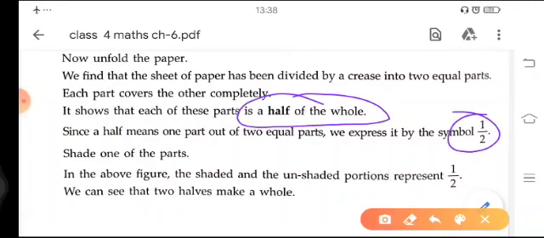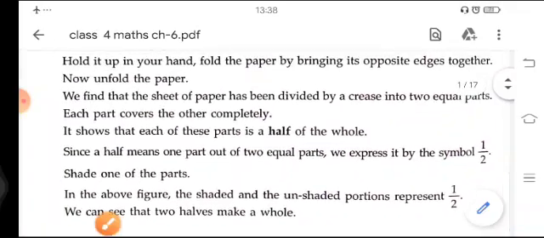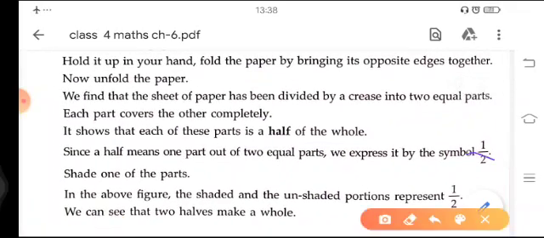And if we are talking about only one part, then it is known as a half part, right? And we will write it as 1 upon 2. The denominator, the number written at the bottom, represents the whole, and the upper number represents the part of the collection.